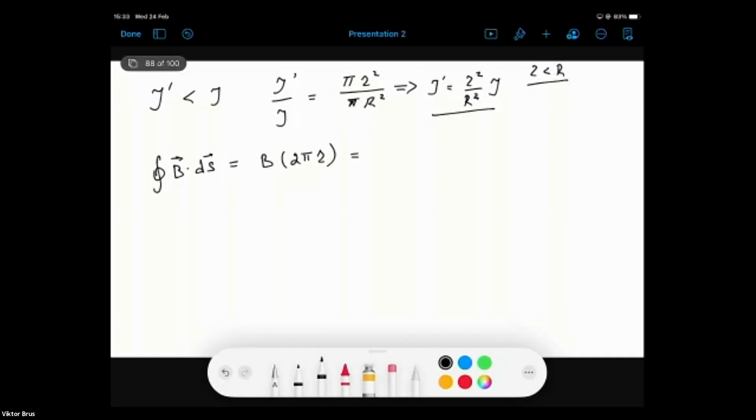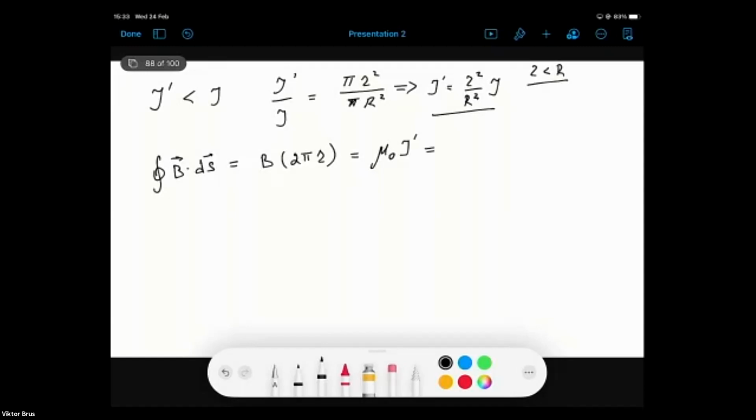And from Ampere's law, we know that it should be equal to mu naught, and here, instead of I, we need to put I prime, because this is the current which flows through the surface defined by this closed Ampere's loop.